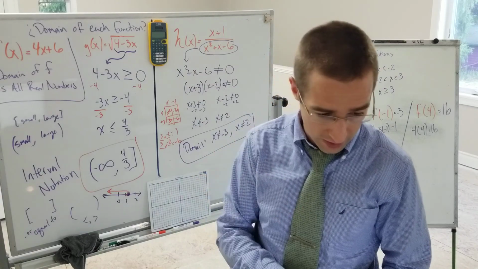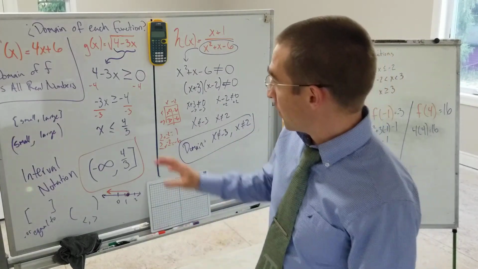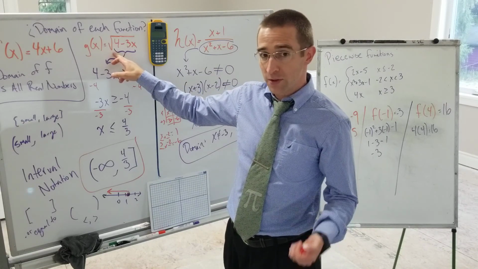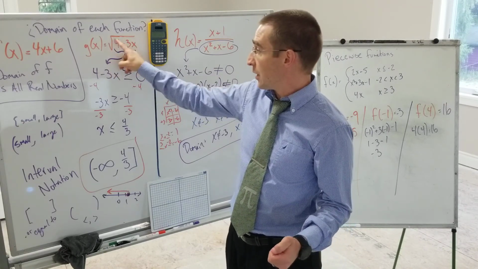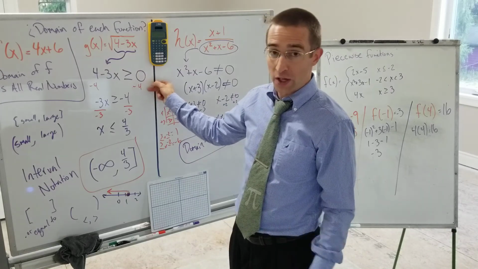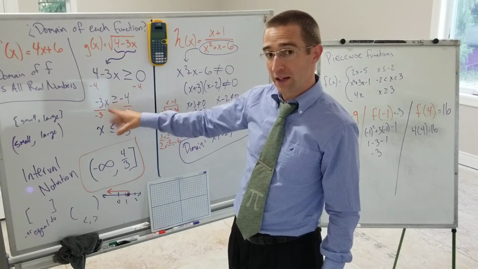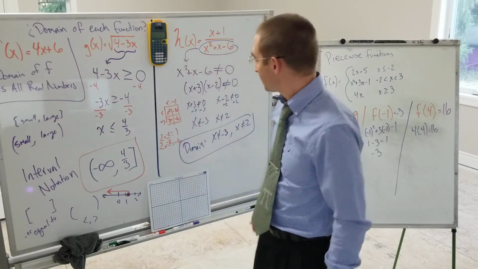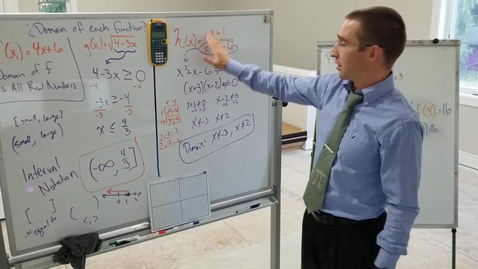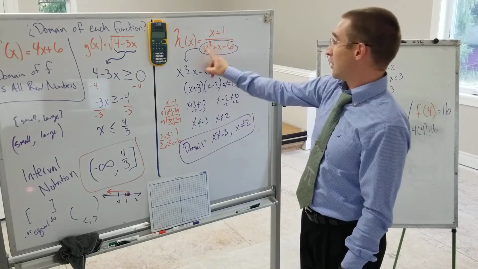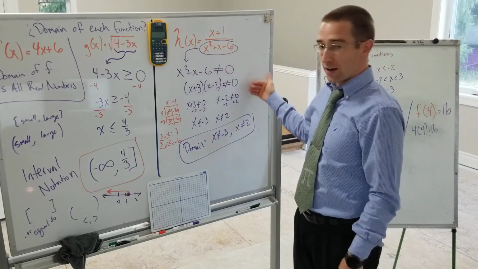Cool. All right. So, a little recap. If you see a square root, we cannot take the square root of negative numbers when we're dealing with reals. So you take whatever's inside the square root, you got to make it greater than or equal to 0, and solve that. Don't forget, if you multiply or divide by a negative, that inequality symbol flips. If you see a rational function, a division, a fraction, take whatever's in the denominator and make it not equal to 0.